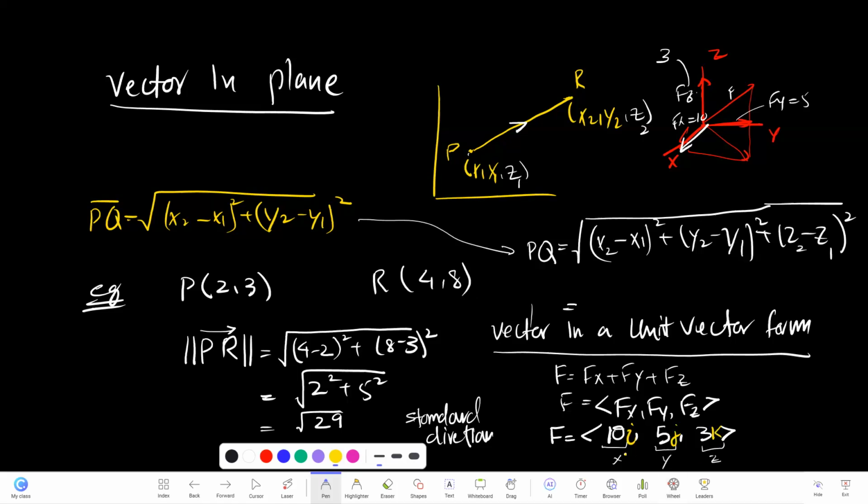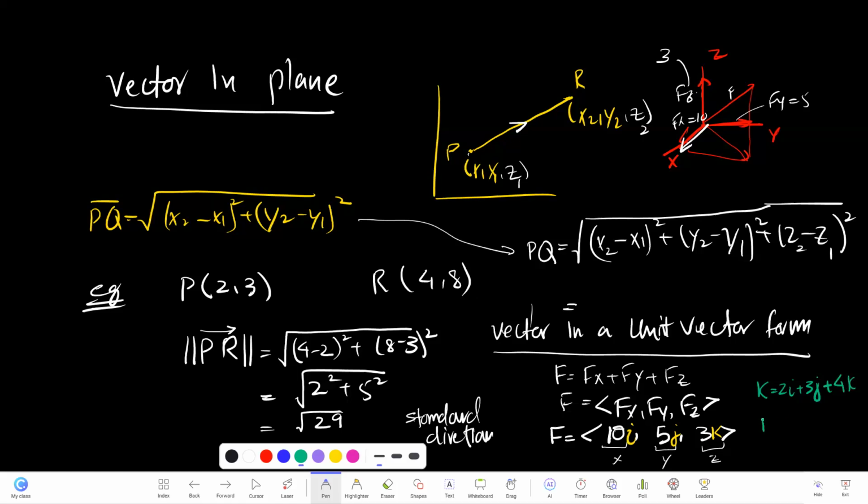It is very useful for telling me that the vector goes 10 in i, 5 in j, 3 in k. And if I give you another vector, k, equal to 2i plus 3j plus 4k.